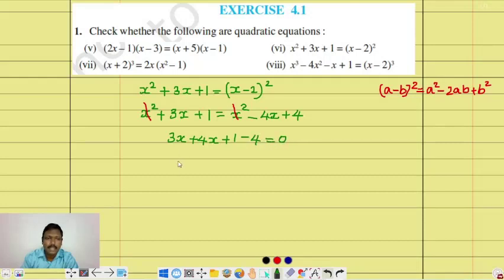So you can say it will be 7x minus 3 equal to 0. So no, it does not form a quadratic equation.